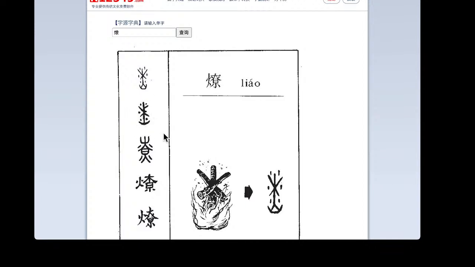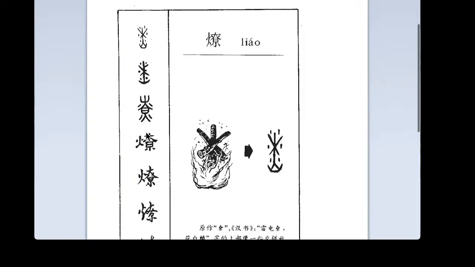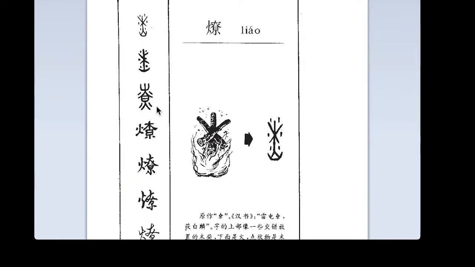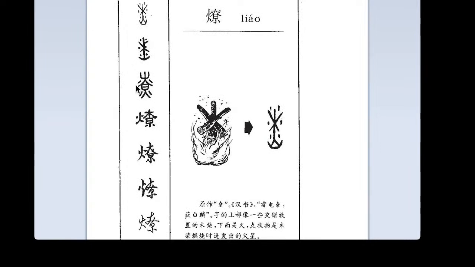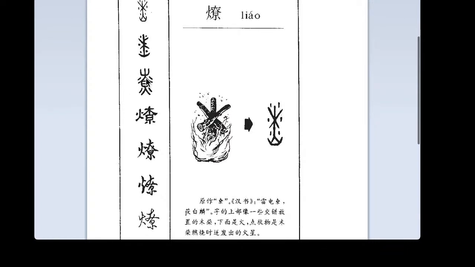Basically it's a picture of that. Later on, they changed it somewhat: fire here, fire over here, and here's the smoke. Gradually they stylized it, made it prettier, and gradually it no longer looks like that scene anymore.